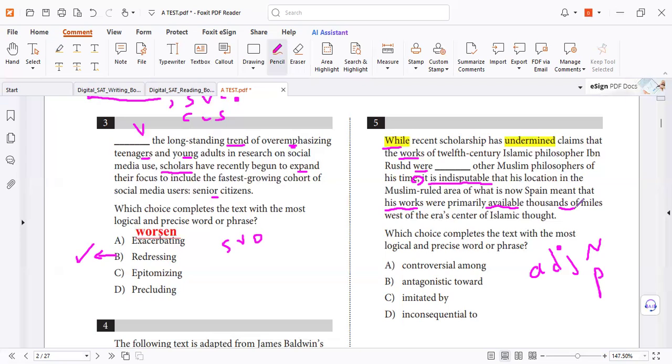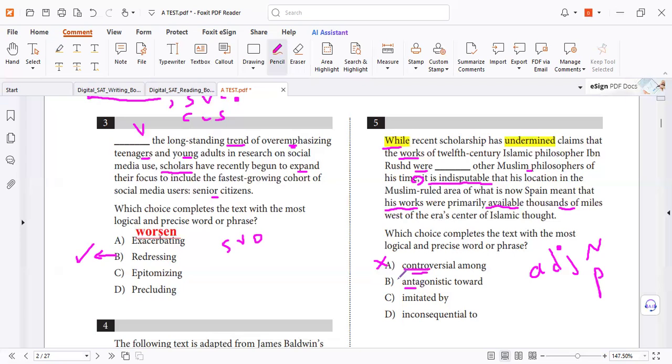It's thousands of miles. How were his works controversial among them? We are not talking about arguing, because contra or counter, you argue about something, you disagree. But we don't mention that the Muslim philosophers argue about his works. Wrong.